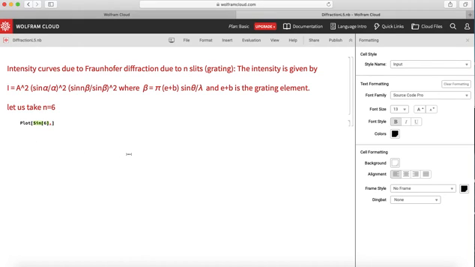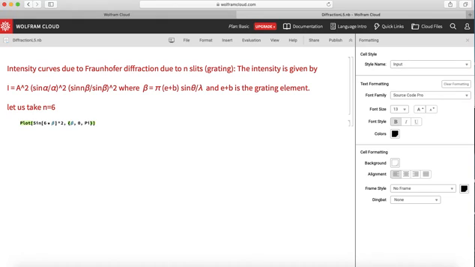Another way of doing this is to take sine square n beta and specify the value of n as 6, into beta, and then square, comma, then we need to specify the value of beta. It varies, let us take, from 0 to pi.